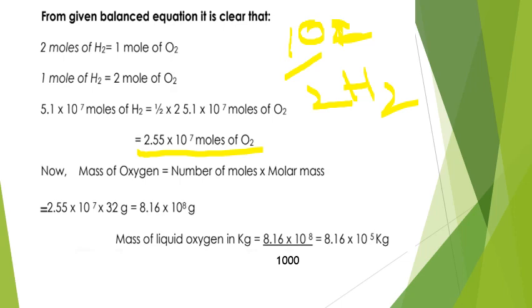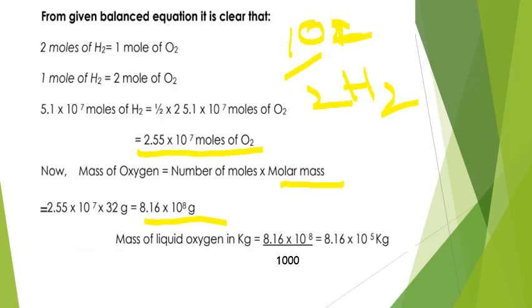When you find the mass of oxygen in grams, you will say number of moles multiplied by molar mass. This is the formula applied. So you will get 8.16 × 10^8 grams. Then mass of liquid oxygen in kilograms: now you have to convert the smaller unit into the larger unit, so you have to divide by 1000.